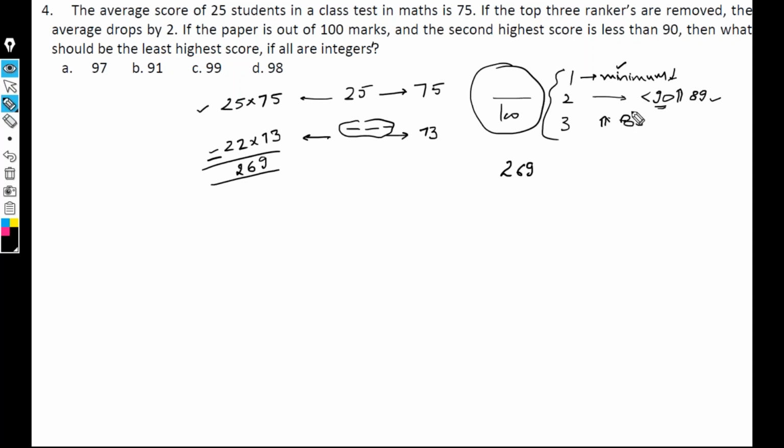So if I take this breakup that two of them are getting 89, 89, which adds up to 178, then on subtracting, the difference comes out to be 91. So the minimum marks which the top scorer can get are 91. This was the catch. The second and third person can get the same marks, but the second highest mark is less than 90.